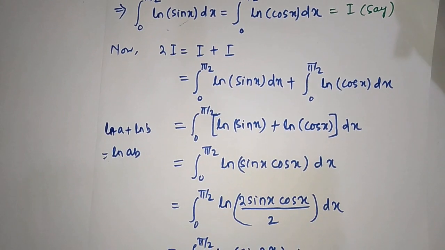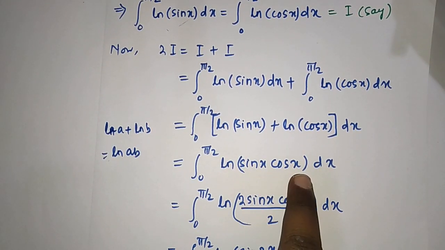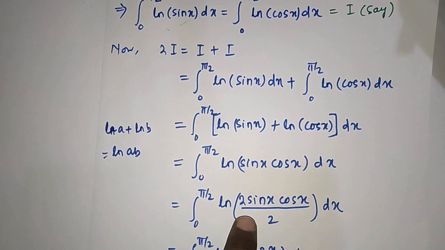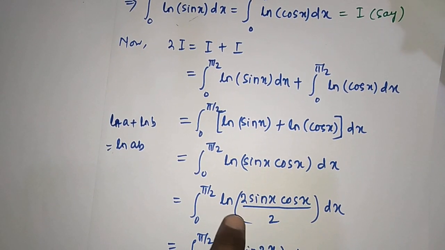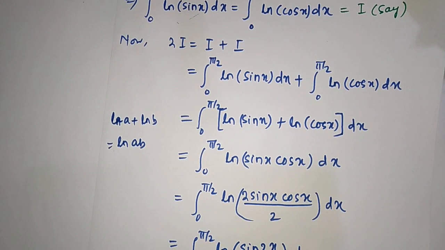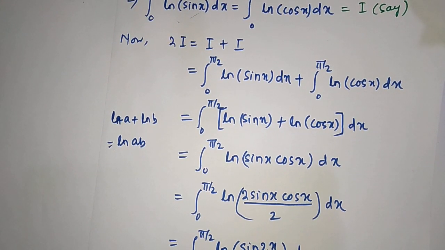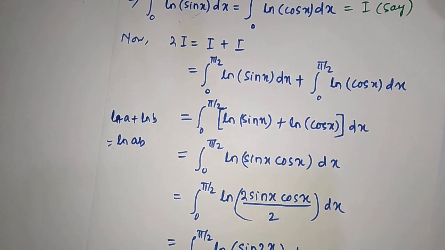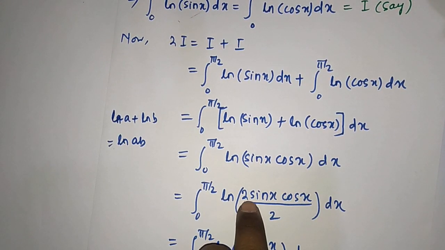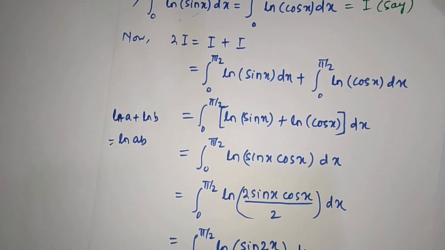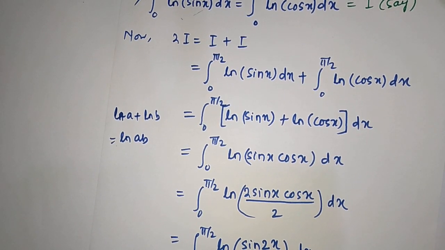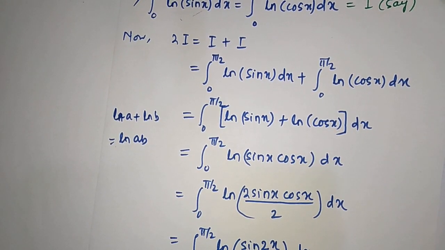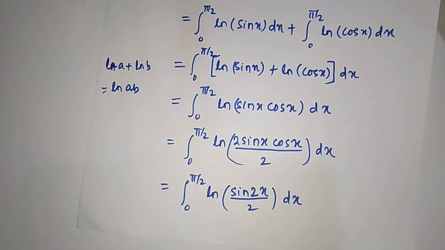Now see, sin x into cos x is there, so I have multiplied by 2 in the numerator and divided by 2 in the denominator. So it becomes ln of 2 sin x cos x divided by 2. 2 sin x cos x is the formula of sin 2x, so I have written sin 2x divided by 2.